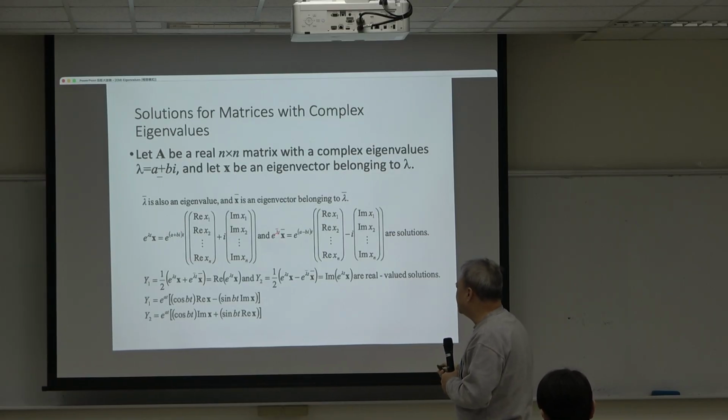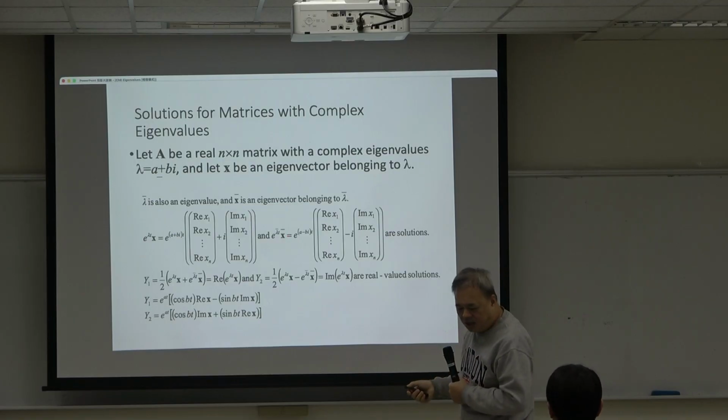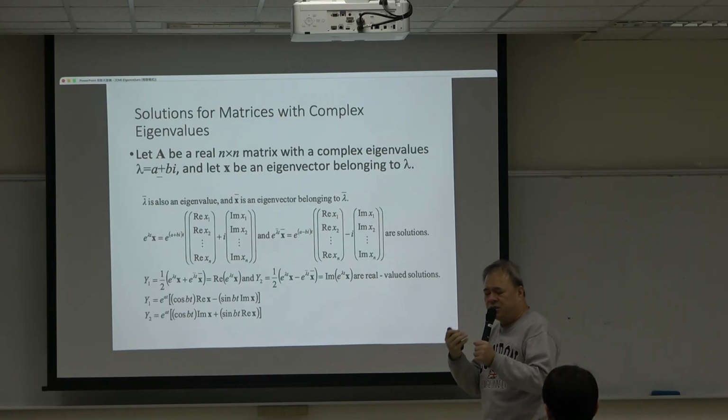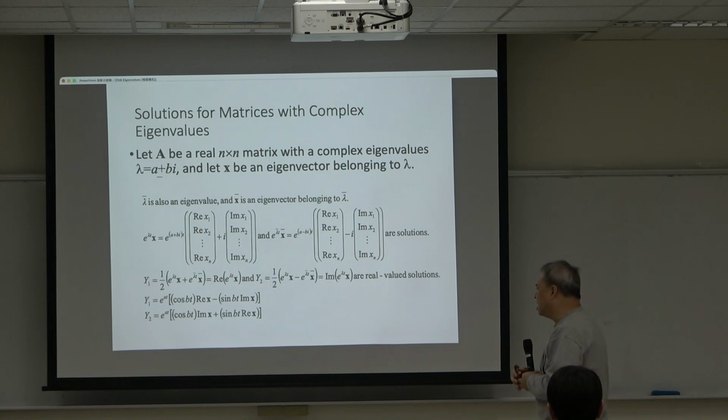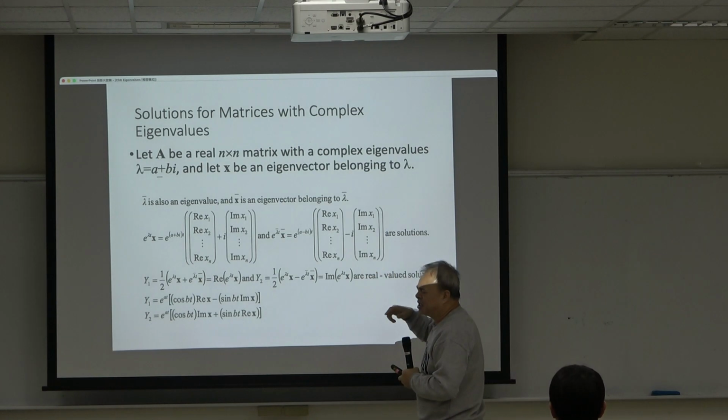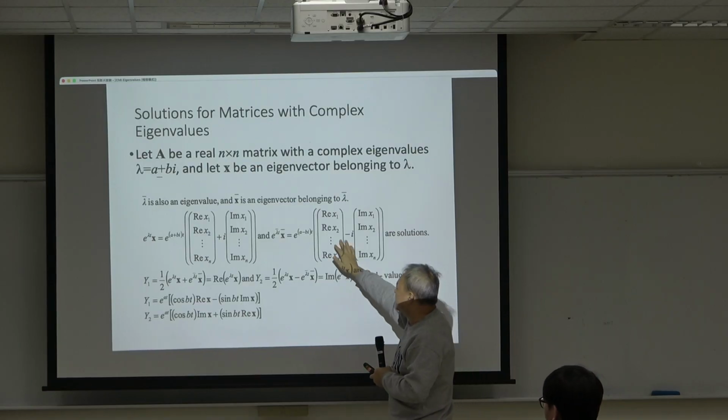And for the conjugate of lambda, meaning a minus bi, you can imagine the corresponding eigenvector is also the conjugate, again in order to cancel out each other. So it looks like this.